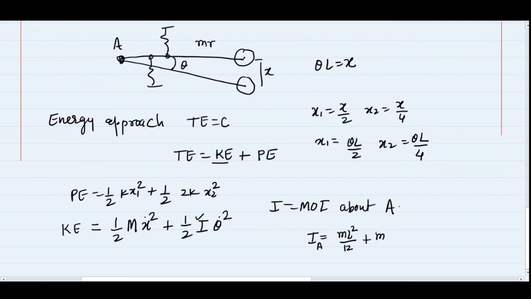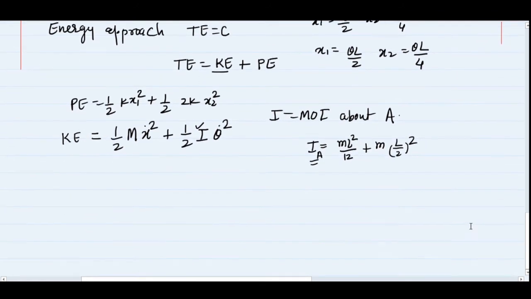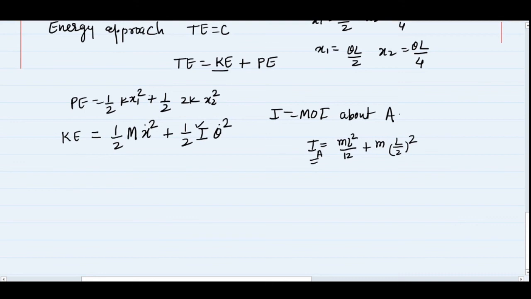That will be m times L by 2 whole square, since we are shifting the axis from the midpoint to the extreme left. So this is the moment of inertia about point A. When I bring all the terms together and differentiate with respect to time, I will get the equation of motion of my system.